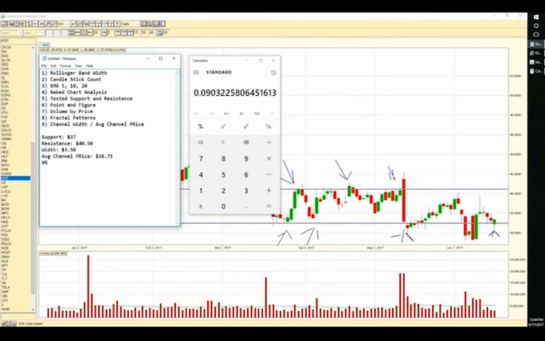If it's below 5%, there's no way. I'm not interested in doing that particular candidate. When I get below 10%, in that 10 to 5% zone, I kind of get the willies. I get the heebie-jeebies. So I'm not as interested, but 10% to 20% is the ideal range. So channel width divided by average channel price. Again, this is going to tell us whether or not we need to be worrying about it breaking away from being in its sideways choppy pattern.